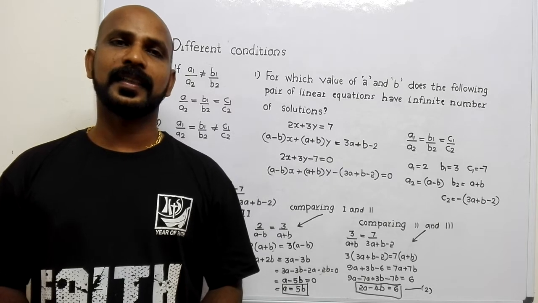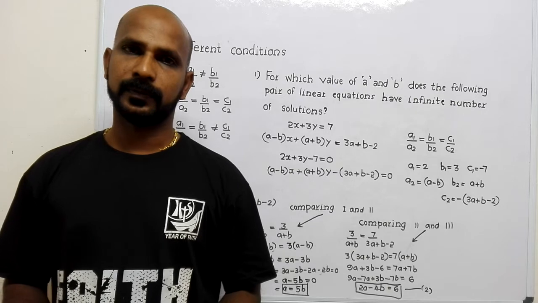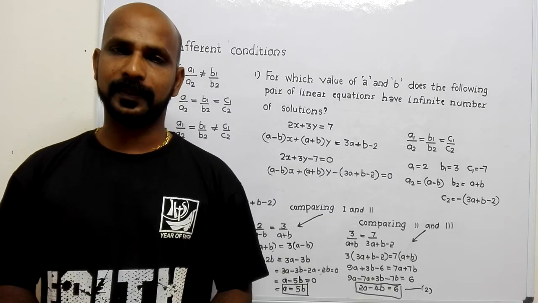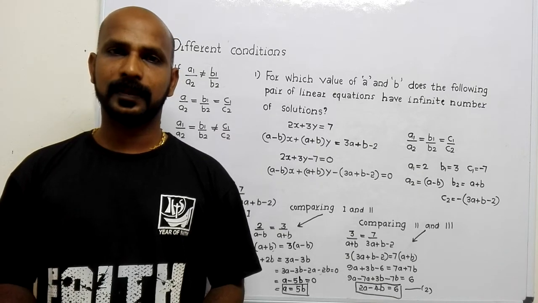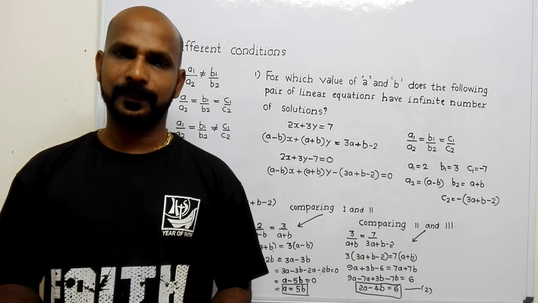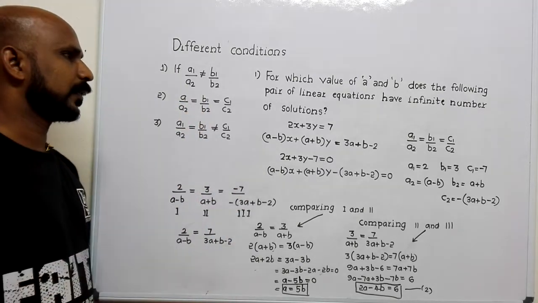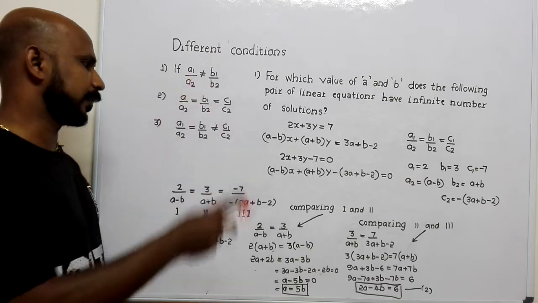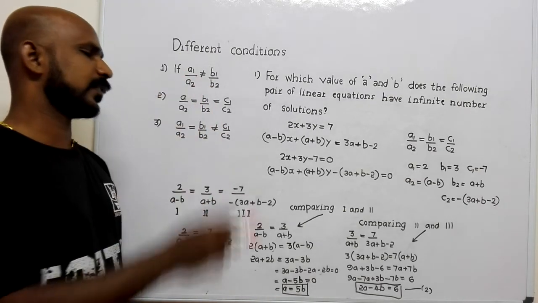In the last session, we discussed the cross multiplication method, which I already explained. At the end of that class, I discussed the three conditions: a1 by a2 not equal to b1 by b2; a1 by a2 equal to b1 by b2 equal to c1 by c2; and a1 by a2 equal to b1 by b2 not equal to c1 by c2.